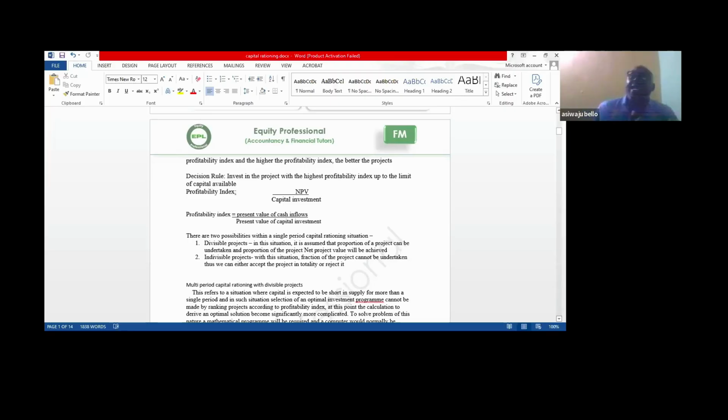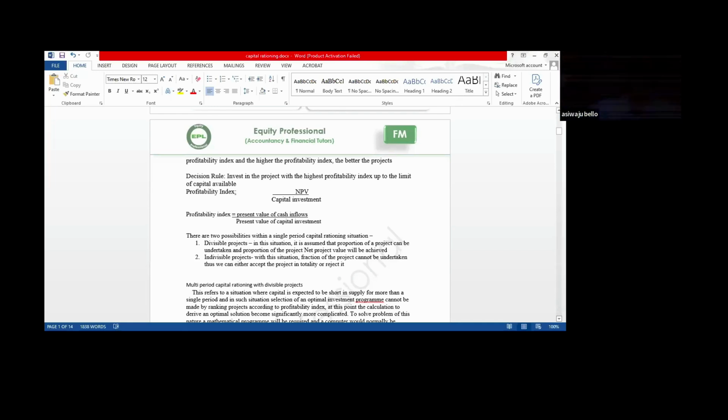Some have gotten to final, with only one or two papers to write. Until they finish that paper, they cannot be regarded as chartered accountants, and they are not qualified to be called chartered accountants.